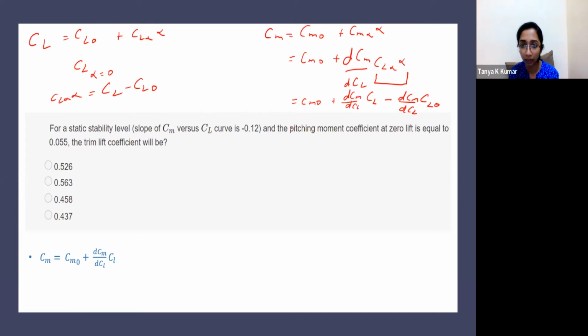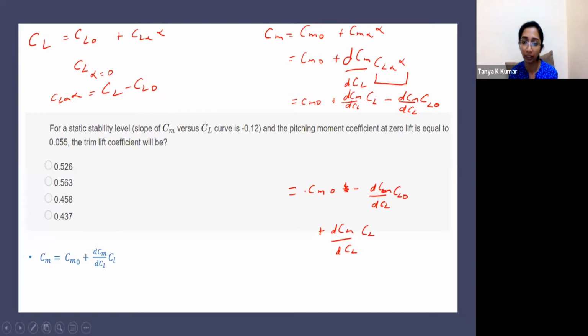Now, when we continue with this derivation, you get the CM naught. The CM naught is CM at 0 angle of attack, plus minus dCM by dCL into CL naught, plus dCM by dCL into CL.